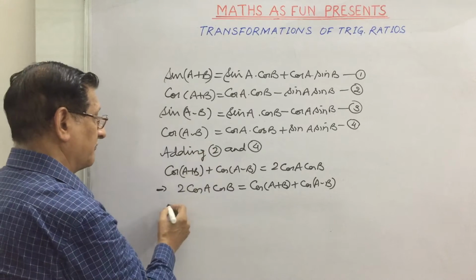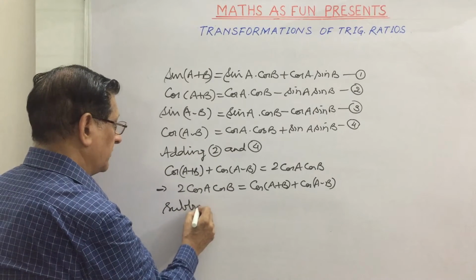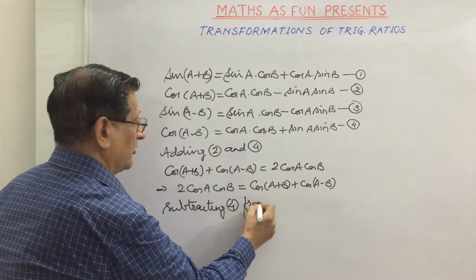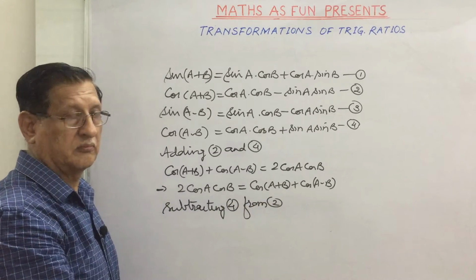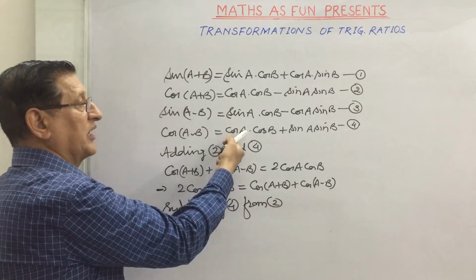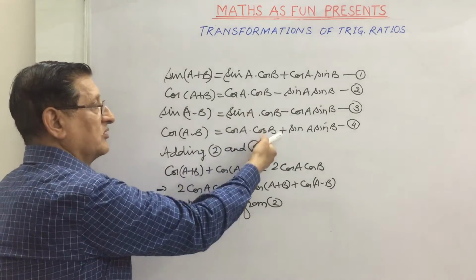Now if we subtract them, subtracting 4 from 2, signs will change, cos A into cos B will cancel, and you will find this will be negative.